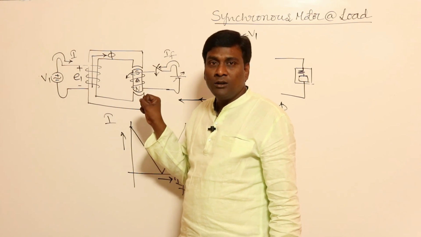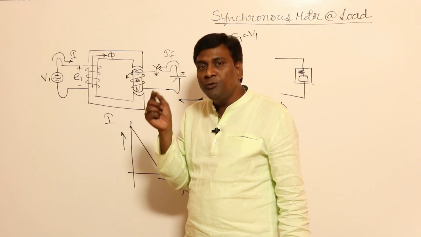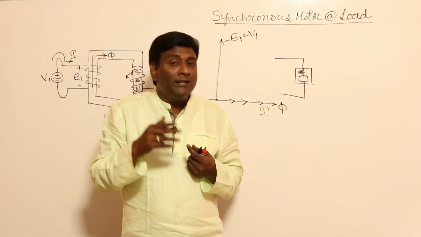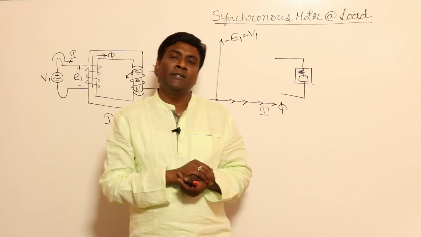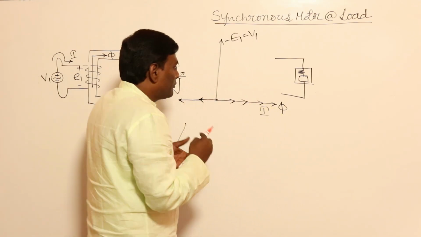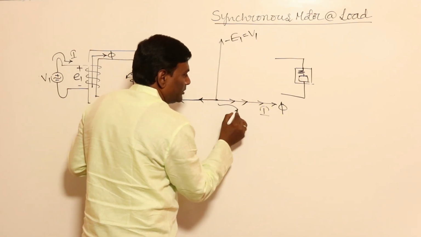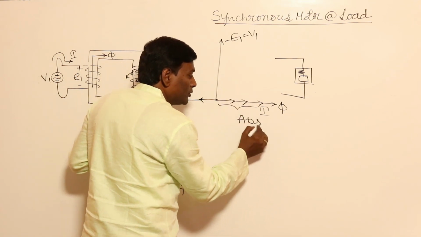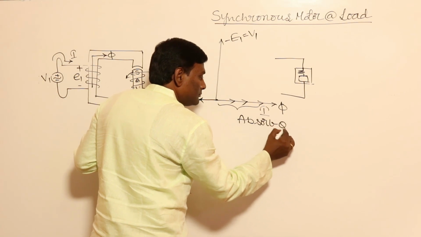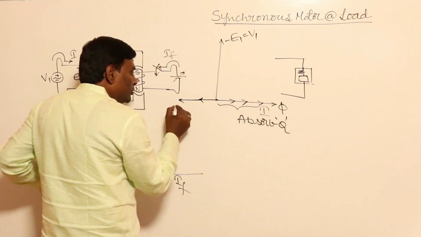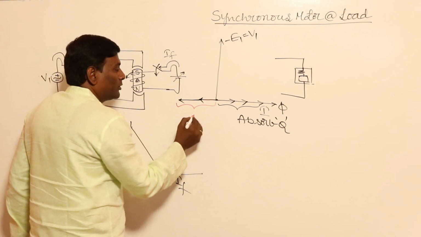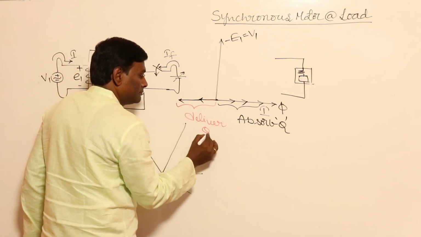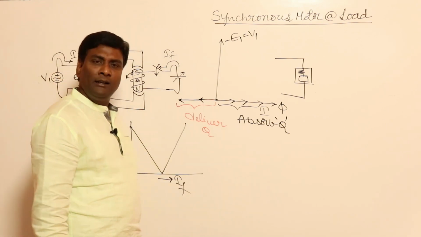Yes. So from the motor point of view, if the motor is operating at lagging power factor, it has to absorb reactive power. If the motor is operating at leading power factor, it will deliver reactive power. That's it. So from here to here, it is operating at lagging, so the motor is absorbing Q, reactive power, and from here to here, it is going to deliver Q, because it is operating at leading.